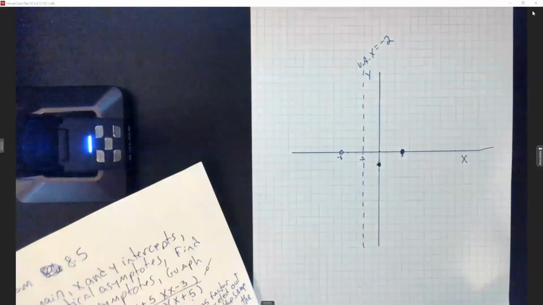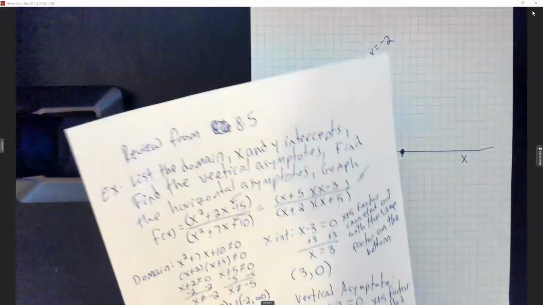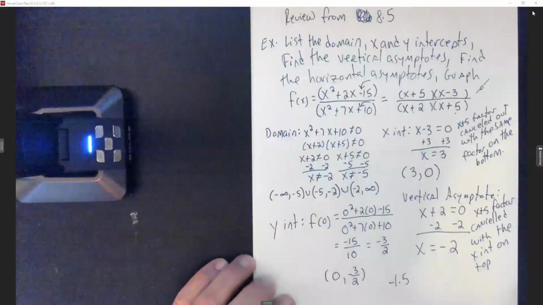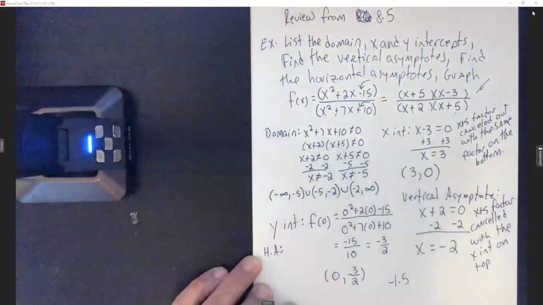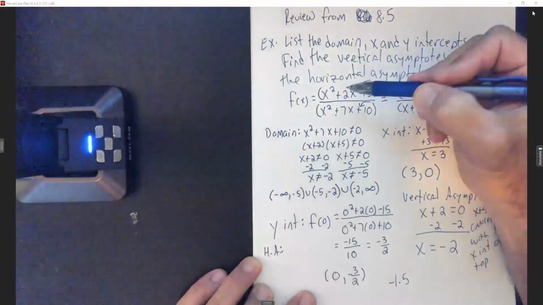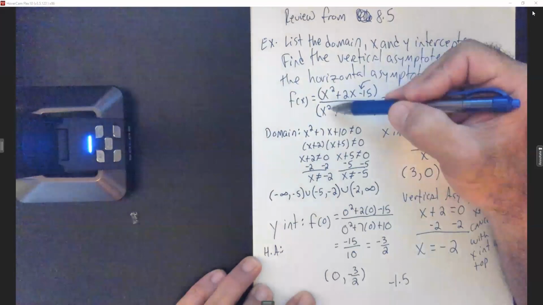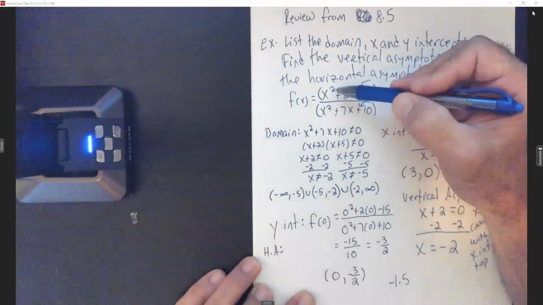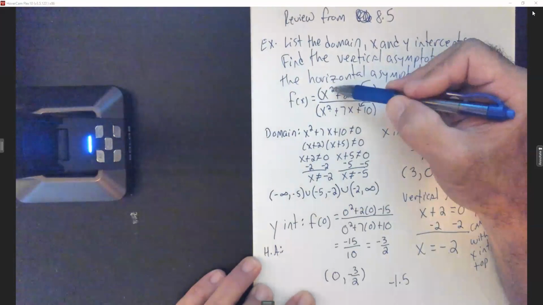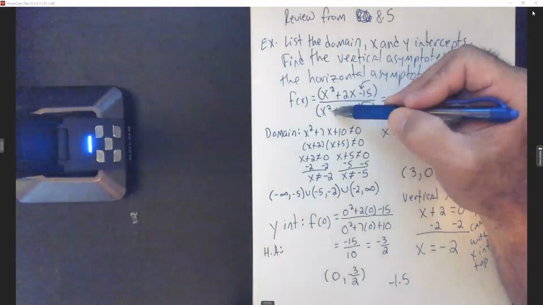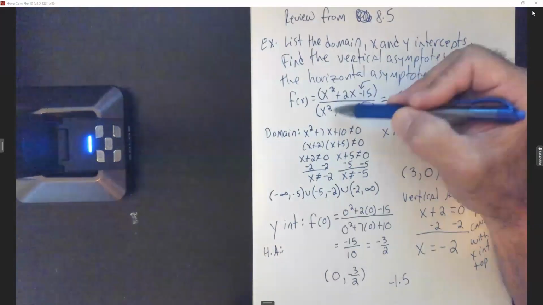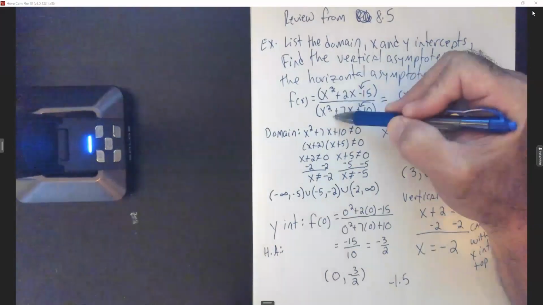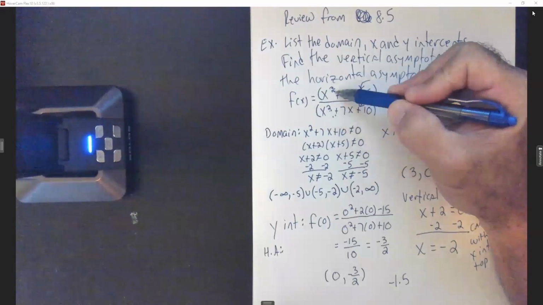Now, the one I didn't find, let me do that real quick. We can do it over here. The horizontal asymptote looks at the degree of the top and the degree of the bottom. If the bottom was bigger, your horizontal would be y = 0. If the top was bigger than the bottom degree, then it would have no horizontal asymptote.